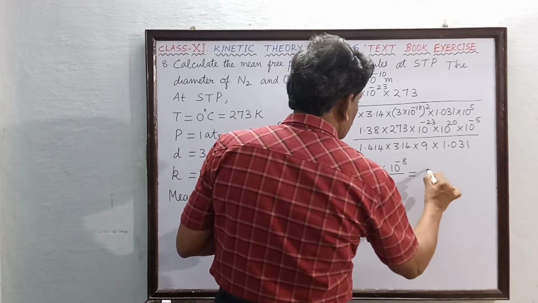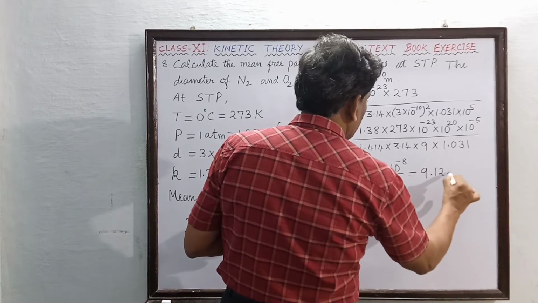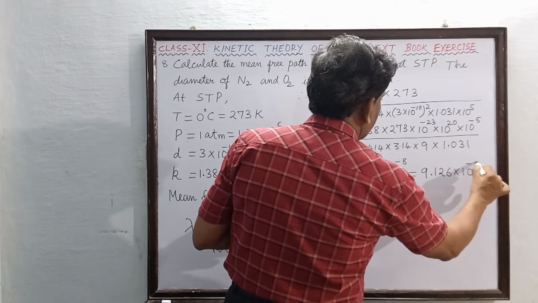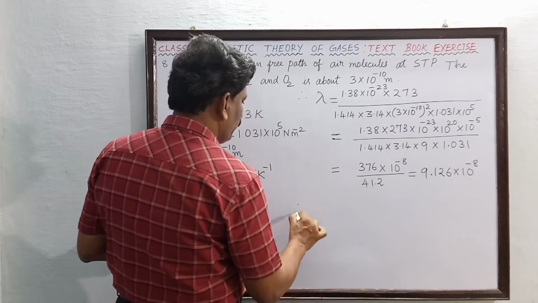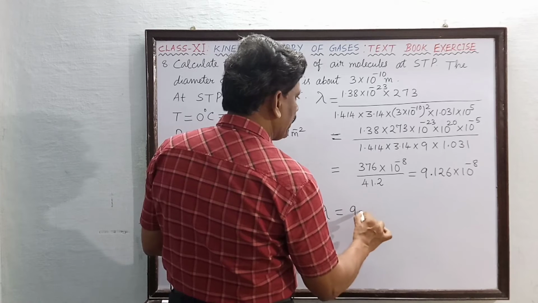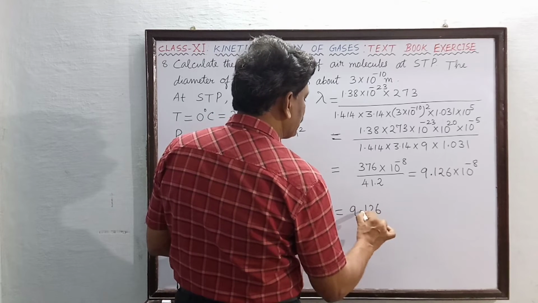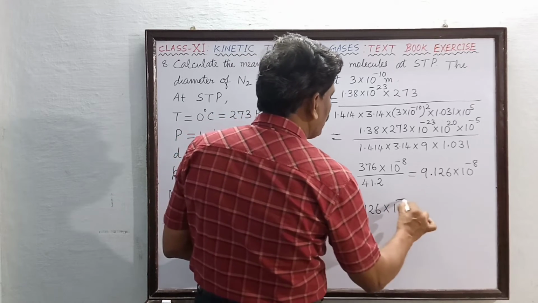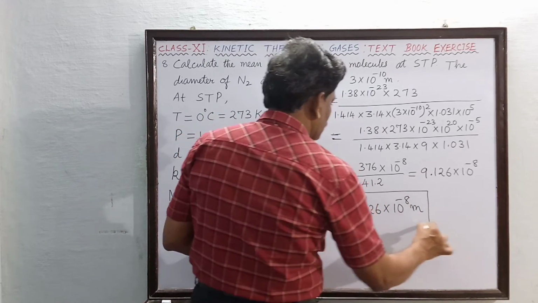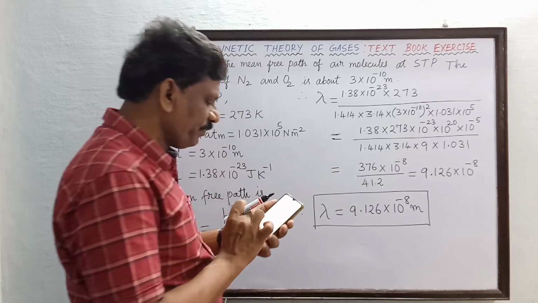So this is equal to 9.126 × 10^-8. Therefore, the mean free path lambda is equal to 9.126 × 10^-8 meter. So this is the expected answer.